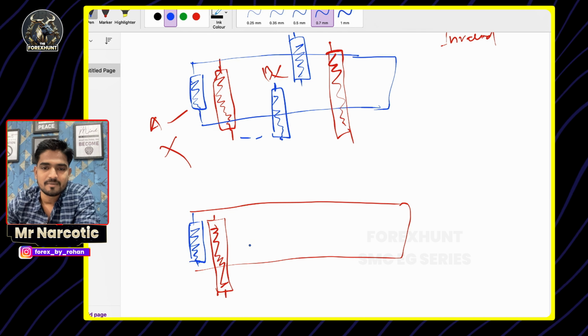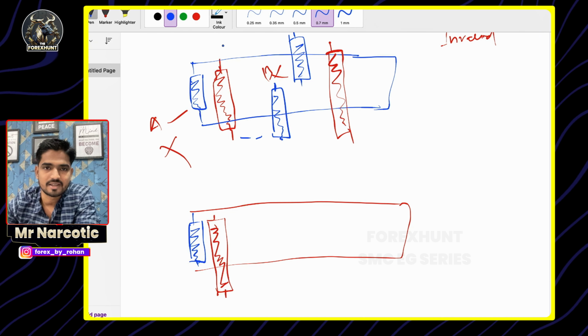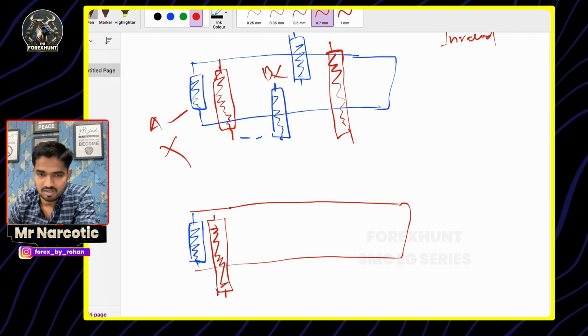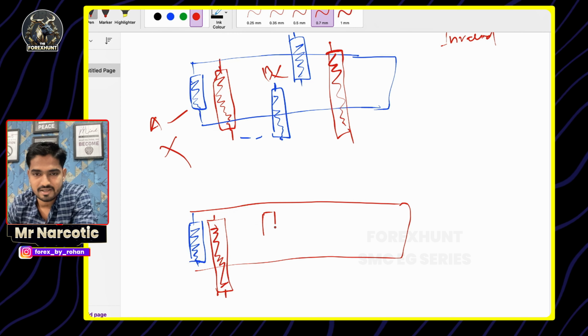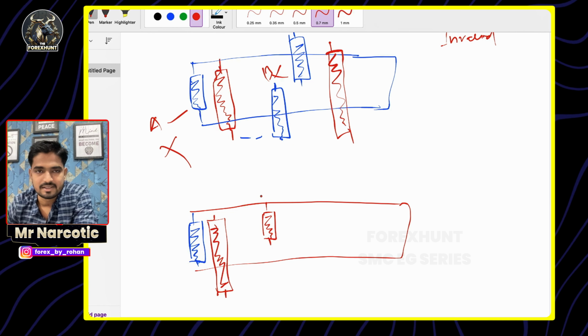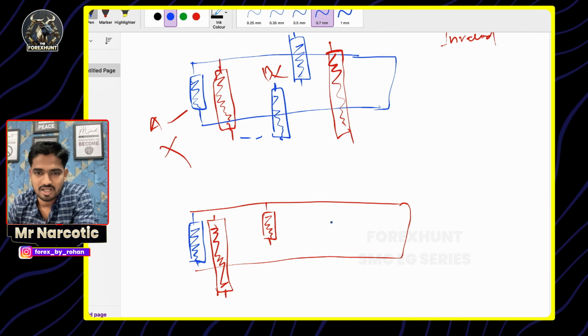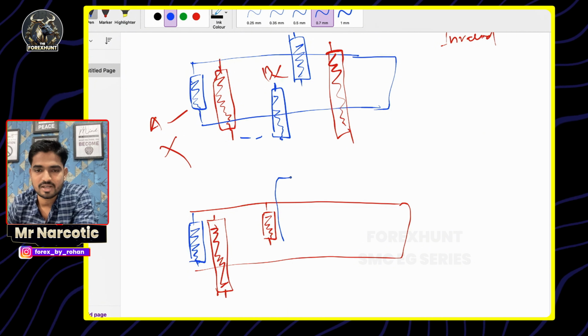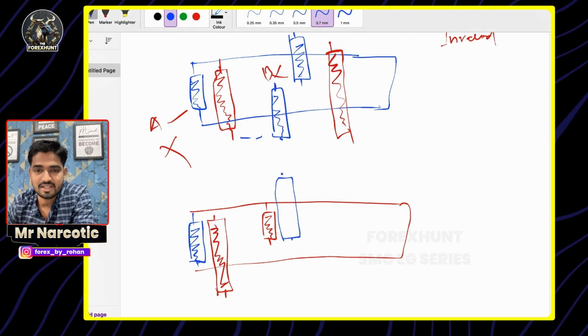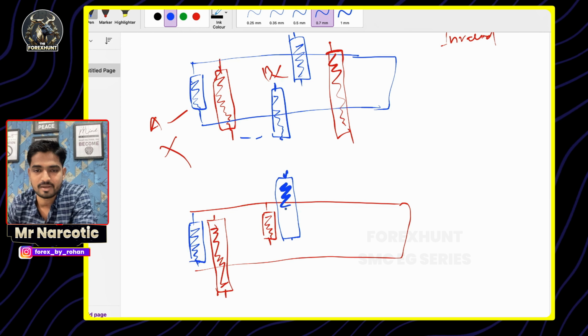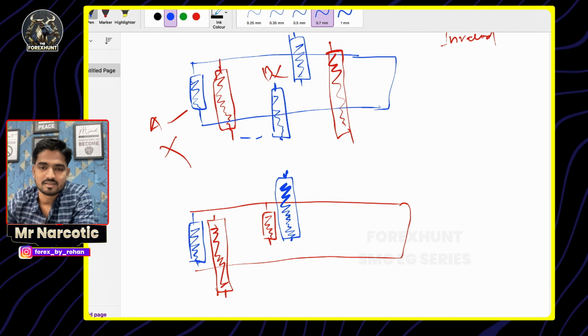Let's say after some confirmations, after some time, the market came into the zone and formed a red candle like this, and then a blue candle closed above the box. I'm showing it because it needs to be perfect, because you are taking entry over here, either you will lose or you will make a profit. That's why this is the perfect example.